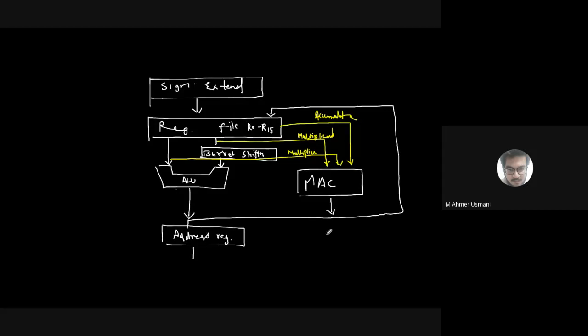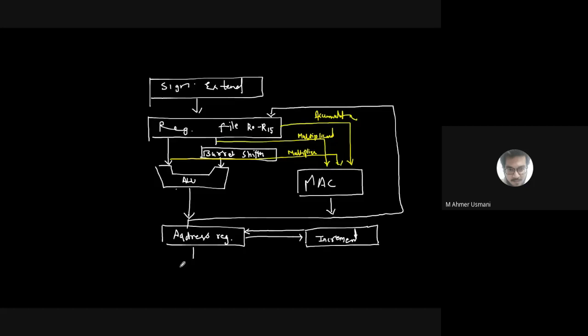From the address register we have another circuit. That circuit is called the increment circuit. The increment circuit will basically increment the address stored in the address register, and it will revert it back to the address register after incrementing.